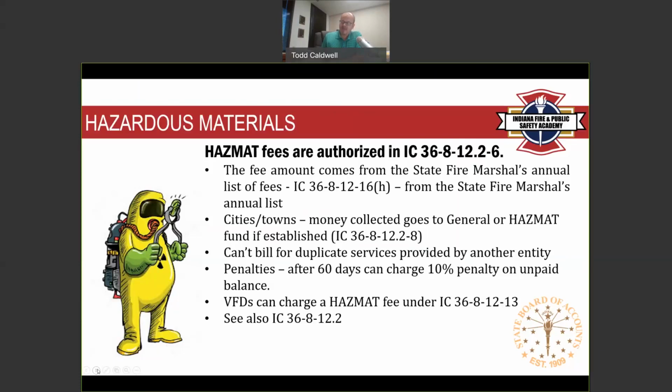A fire department may not bill for services provided that duplicate services provided by another governmental entity. And the responsible party is subject to penalty for failure to pay the full amount of the charge made within 60 days after the issuance of the bill for payment by the fire department. The amount of the penalty is 10% of the amount of the charge that remains unpaid on that date.